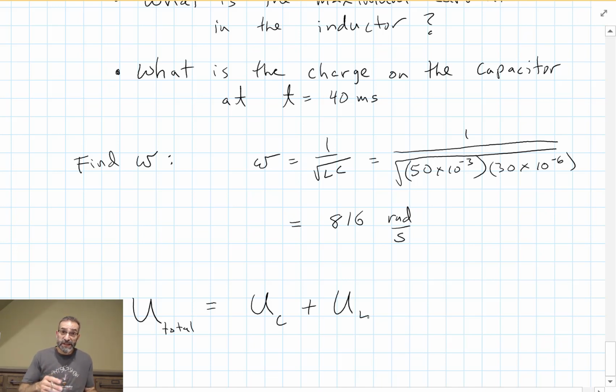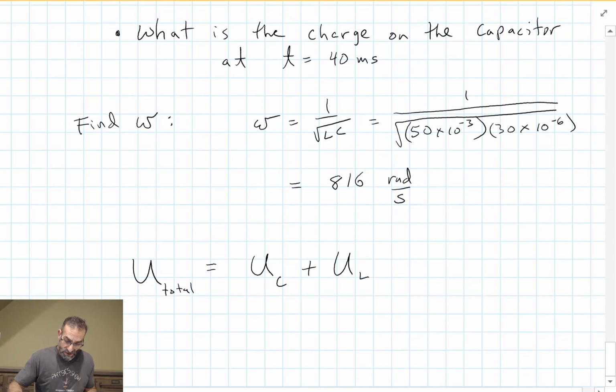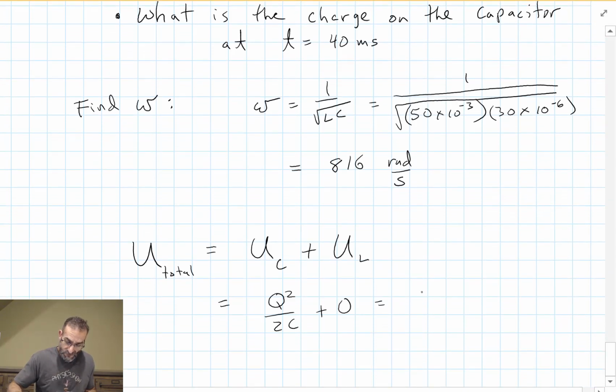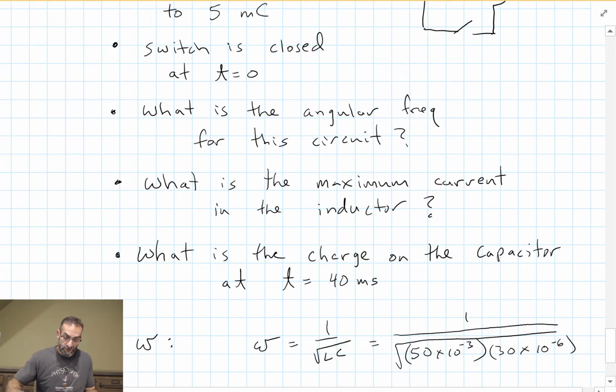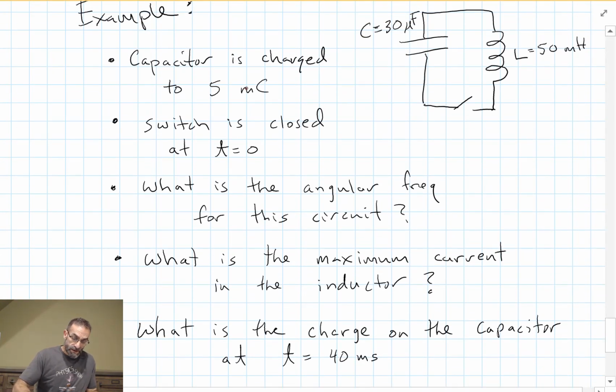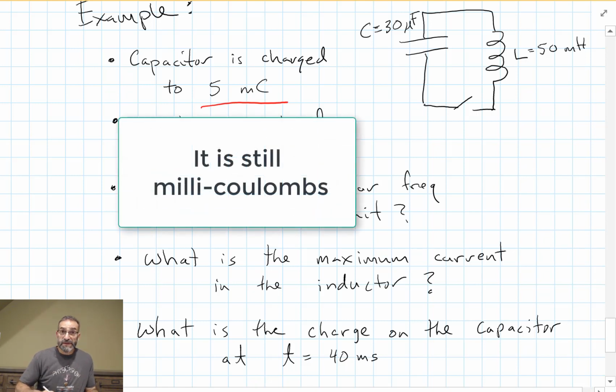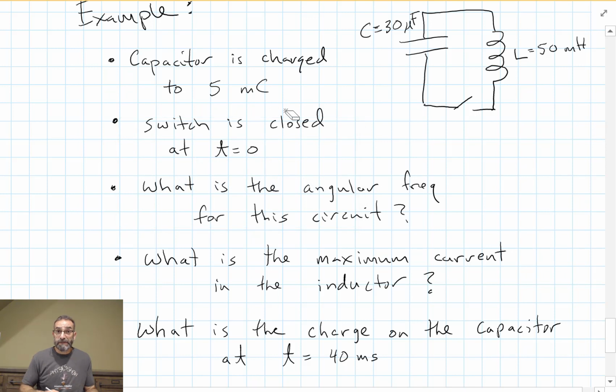But at the very beginning, at t equals 0, there's no energy in the inductor. It's all in the capacitor. And I got 0.417 joules when I plugged in 5 microcoulombs for the charge on the capacitor and a capacitance of 30 microfarads.